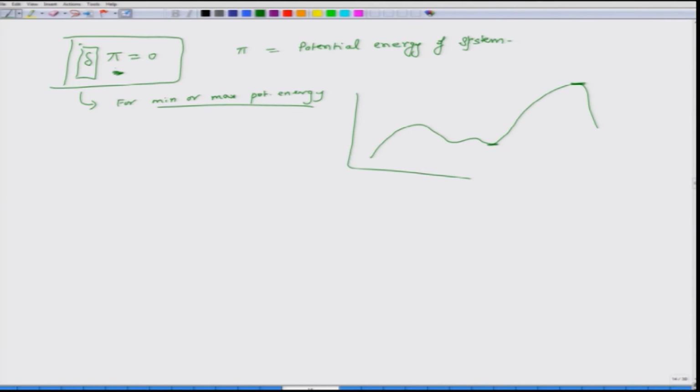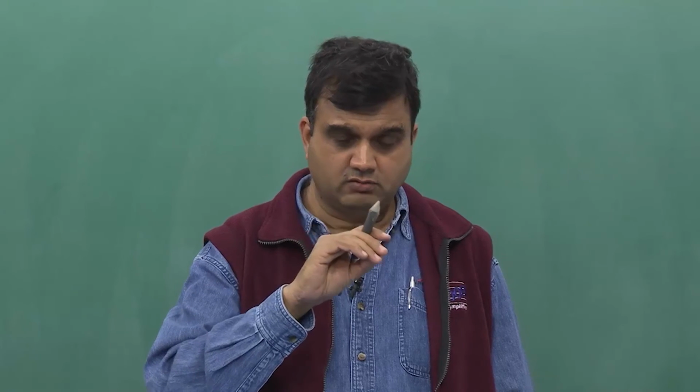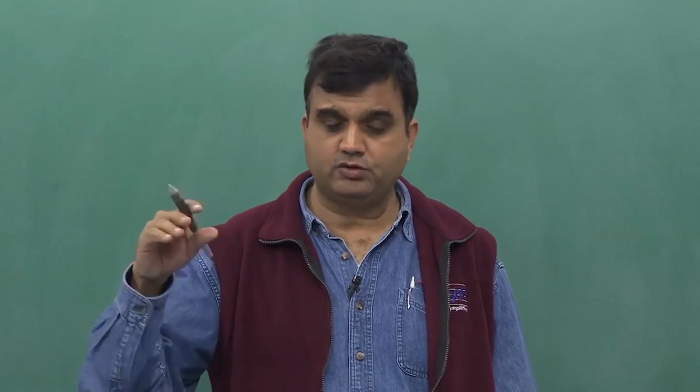So, if we use this criteria, then what does this mean? That the potential energy of the system will be at its minimum whatever variations we take. And how do we get these variations?